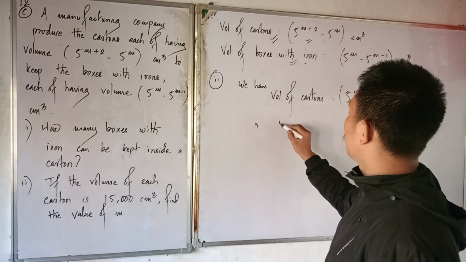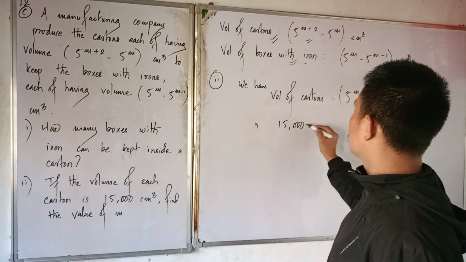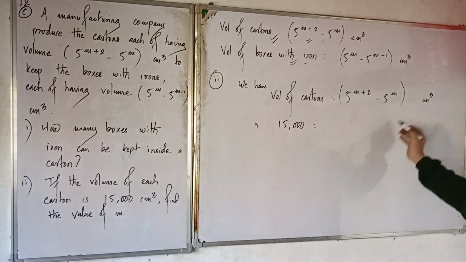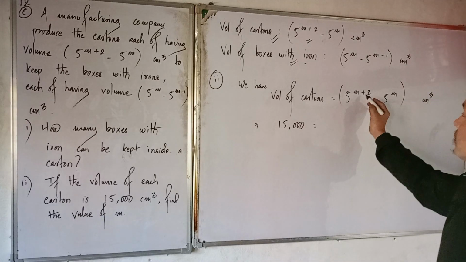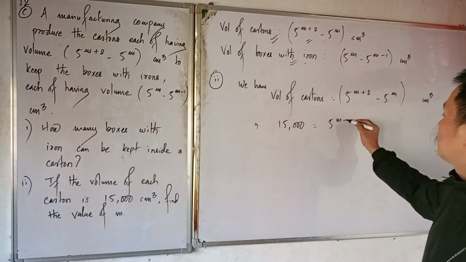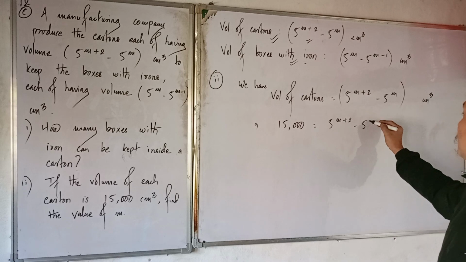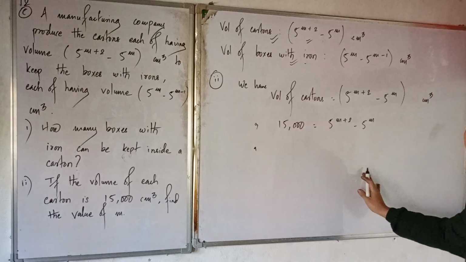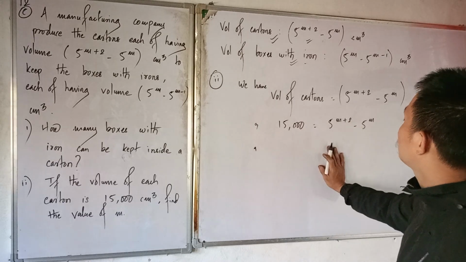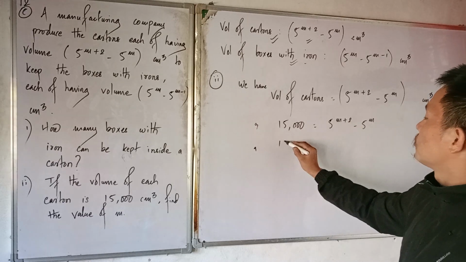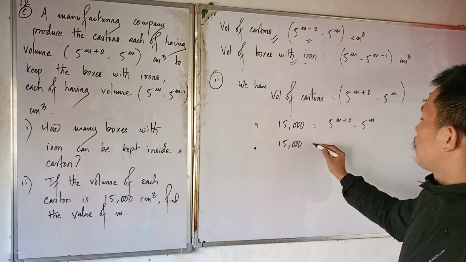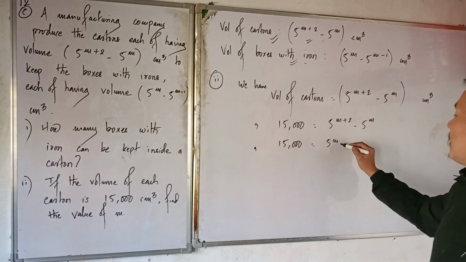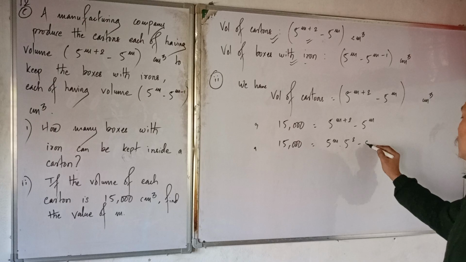We have 15,000 centimeter cube. No need to write the centimeter for now. You just simplify 5 power m plus 2 minus 5 power m. So we have to find the value of m here. Try to break this down: 5 power m, 5 squared, minus 5 power m.